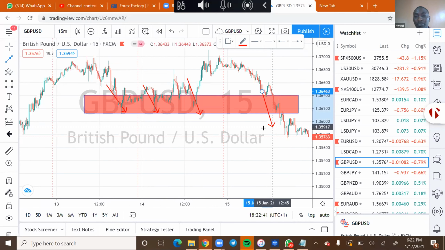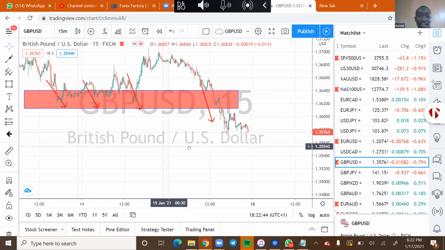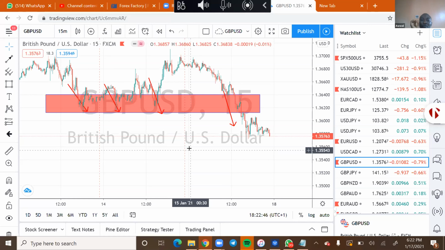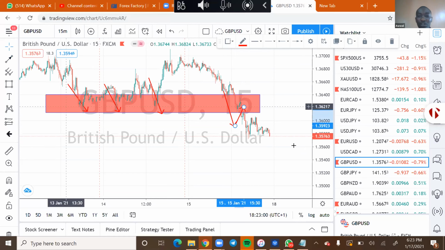Now, this support has been broken, but immediately a support area is broken, it automatically turns to a resistance. Then you can see there is a continuation downward.